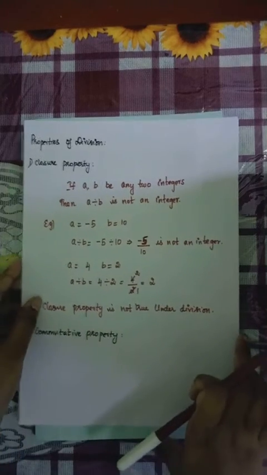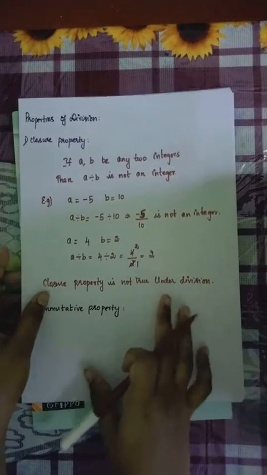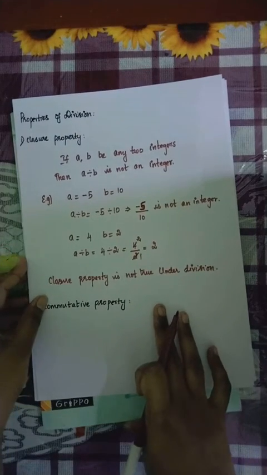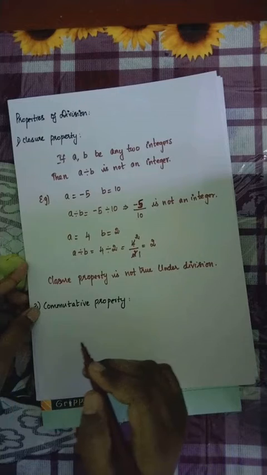Okay, our second property is commutative property. For commutative property also we are going to take any two integers.